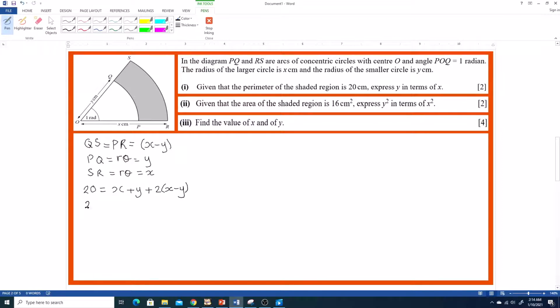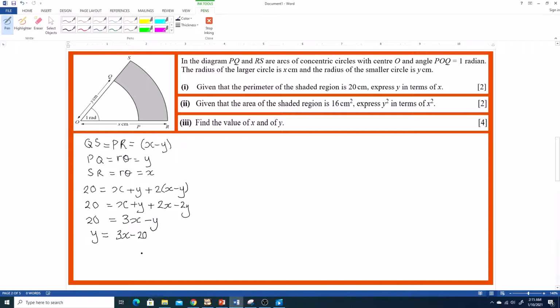So that gives us 20 is equal to x plus y plus 2x minus 2y, sorry, which gives us 20 is equal to 3x minus y. And you've been asked to give y in terms of x, so I'll just rewrite that and say y is equal to 3x minus 20. Great. So that's the first bit.